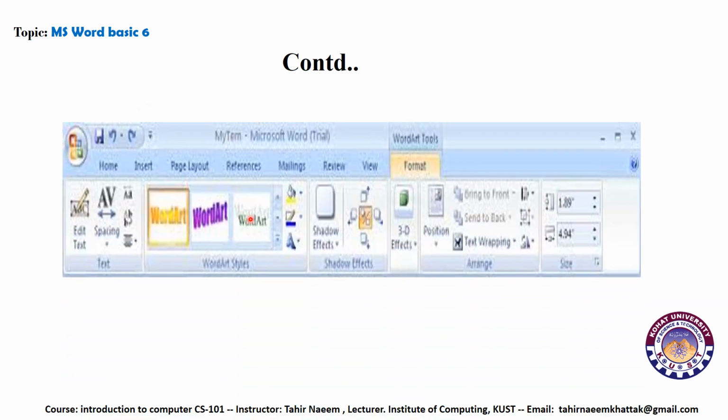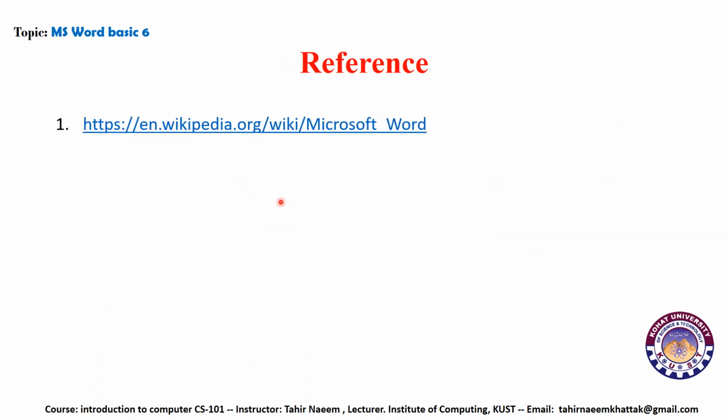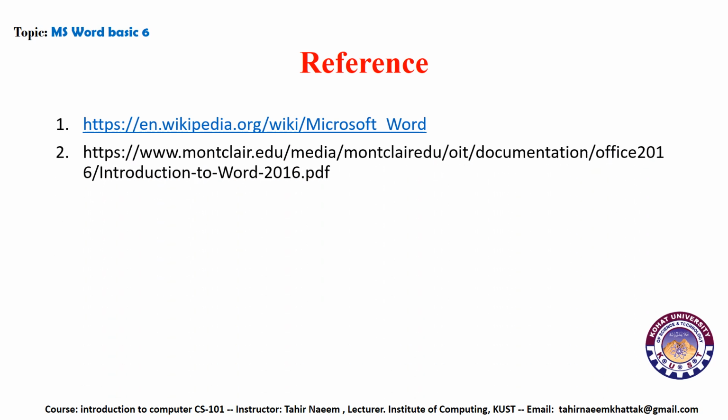When we select a WordArt style, further options are available, where we can edit text spacing, and these are the styles present in the library. These are the shadow effects, these are the arrangements, and these are the different sizes. This is the reference for our lecture today.